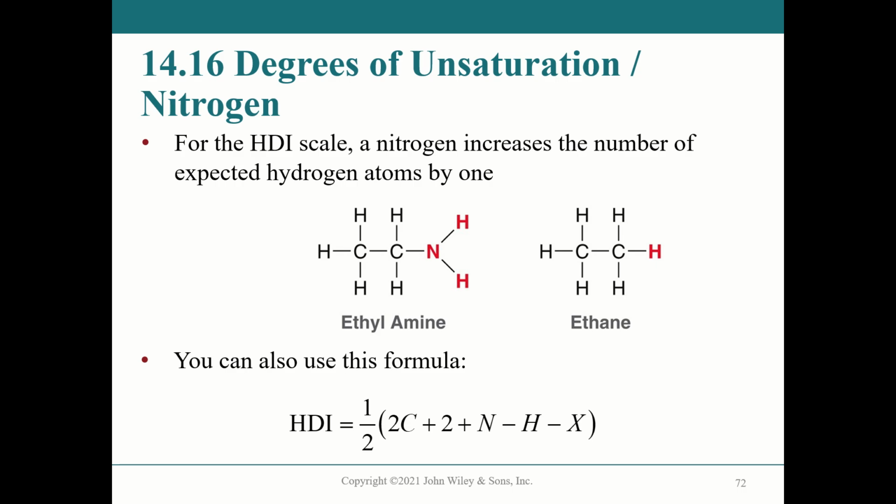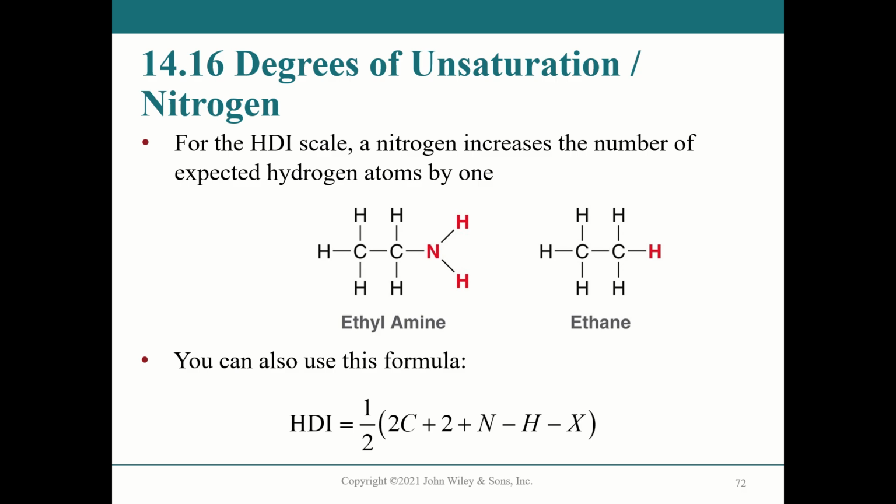If you have a nitrogen in your molecule, well then, where a carbon at the end of a molecule could hold 3 hydrogen, nitrogen at the end of a molecule can only hold 2 hydrogen.